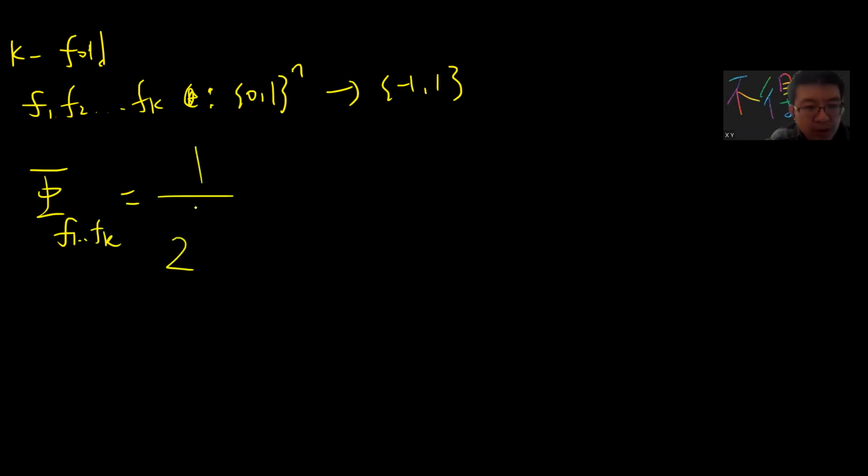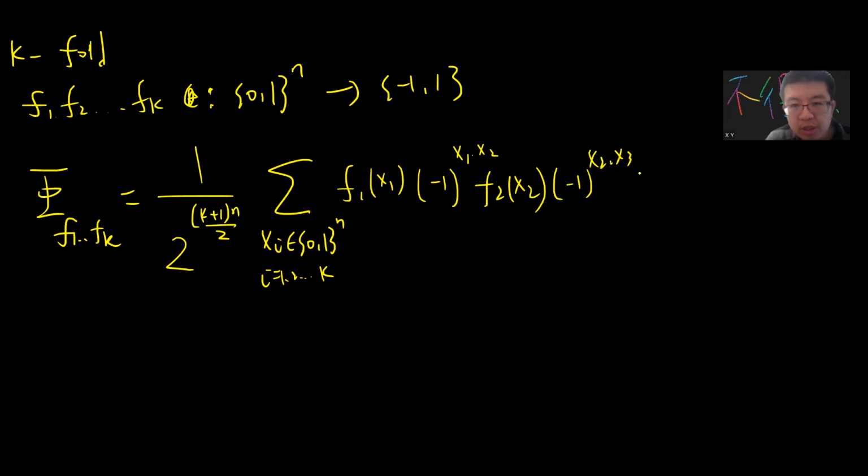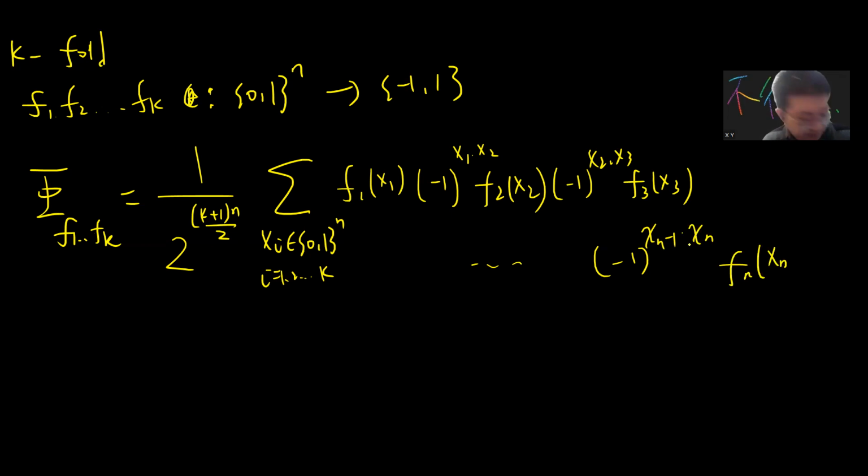Basically, it's the same thing: 1 divided by 2 to the (k+1)n divided by 2, times the summation over x_i, every x_i from {0,1}^n, for i from 1 up to k, of f1(x1) (-1)^(x1·x2) f2(x2) (-1)^(x2·x3) f3(x3), up to finally (-1)^(x_{k-1}·x_k) fk(xk). Obviously, if you put k equals 2, then you get the twofold Forrelation.